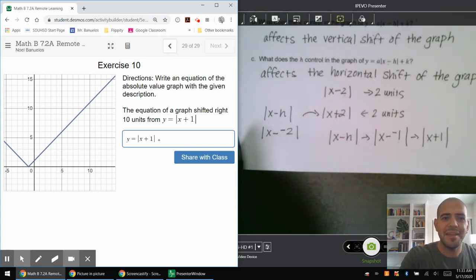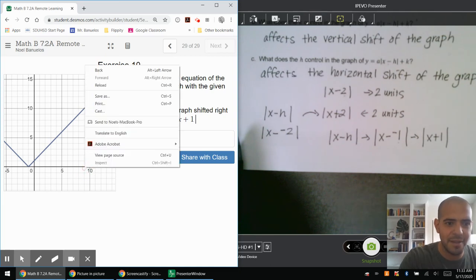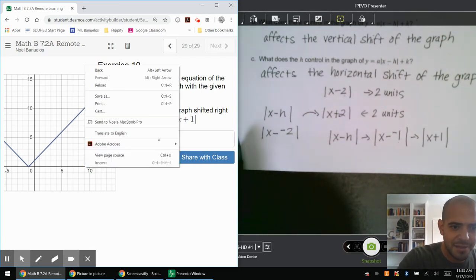All right, so this graph is shifted to the right 10 units. So basically you want to count 1, 2, 3, 4, 5, 6, 7, 8, 9, 10 right there. So we want our little vertex right there to start.